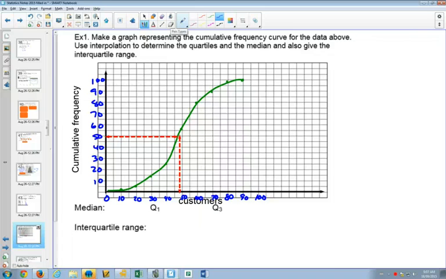I think my one line might be, line it up just perfect. Looks like at about 47. So it would be an estimate that our median would be 47 customers.